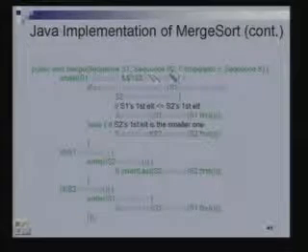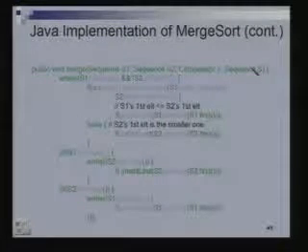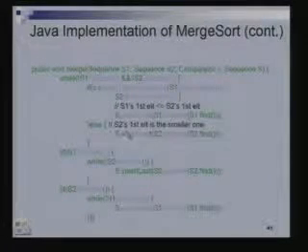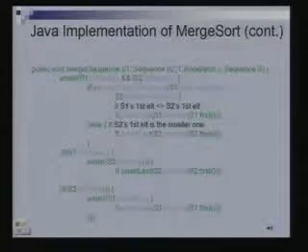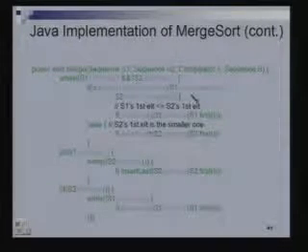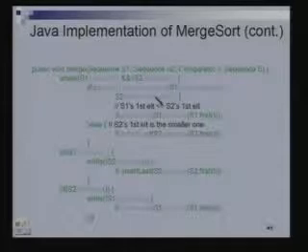You have the two sorted sequences, a comparator, and your resulting sequence. While both the sequences are non-empty, you will keep doing something. What is that something? You compare the first element of S1 and the first element of S2.